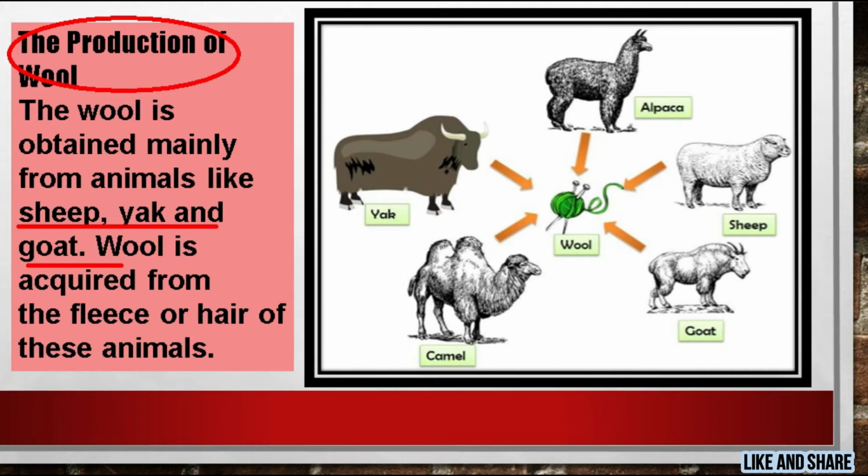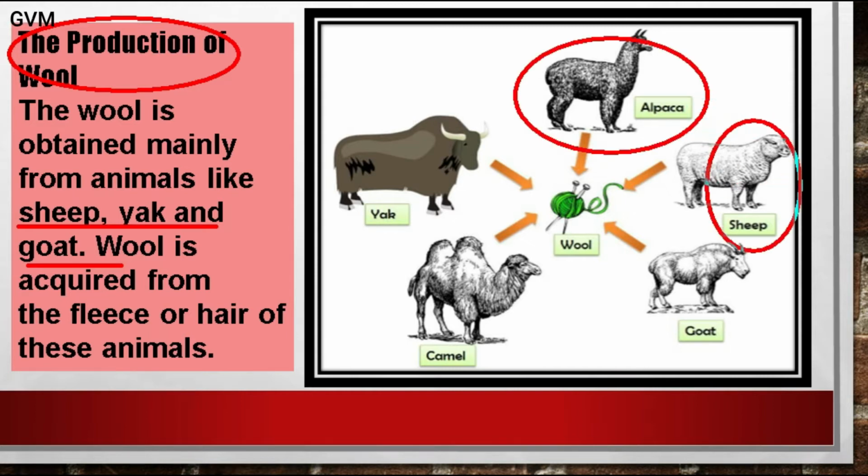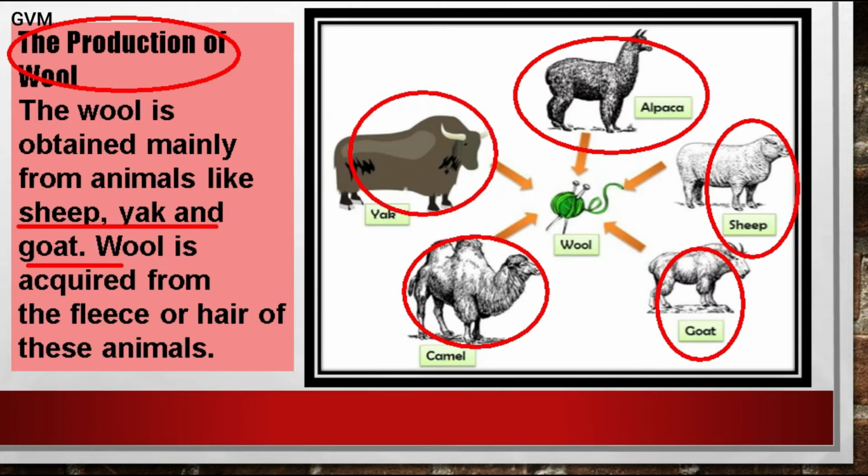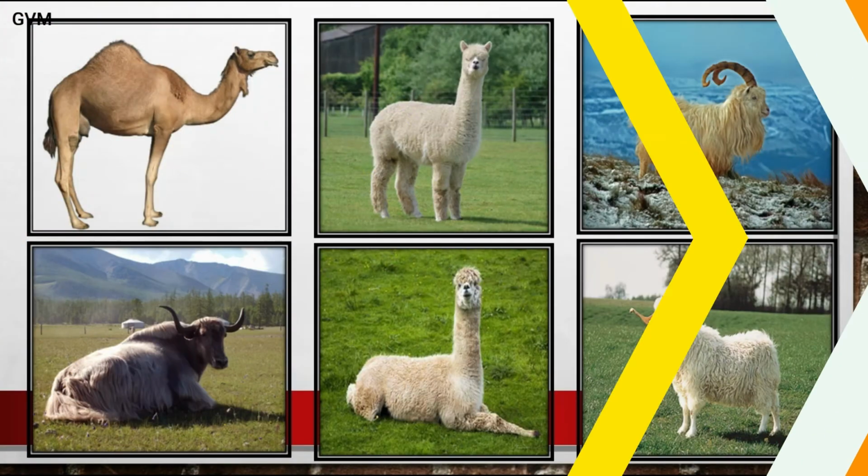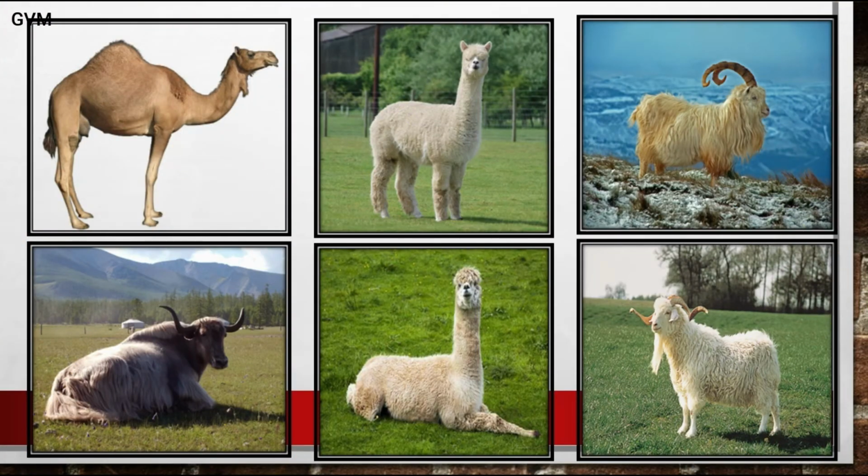You have already learned about some fibers that are obtained from animals like alpaca, sheep, goat, camel, yak. So these are the animals from where we get the wool. Now here are some more animals that you need to know.